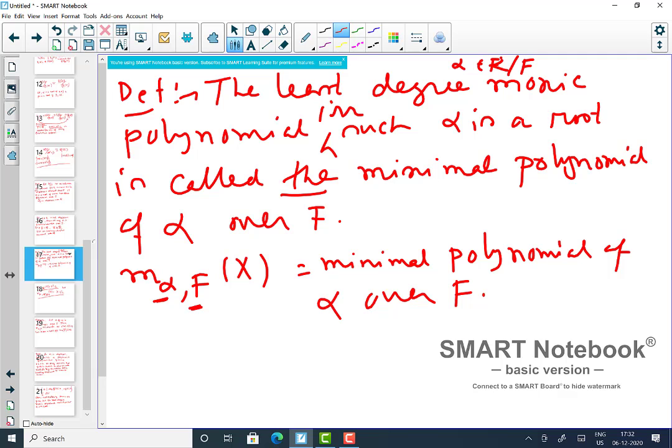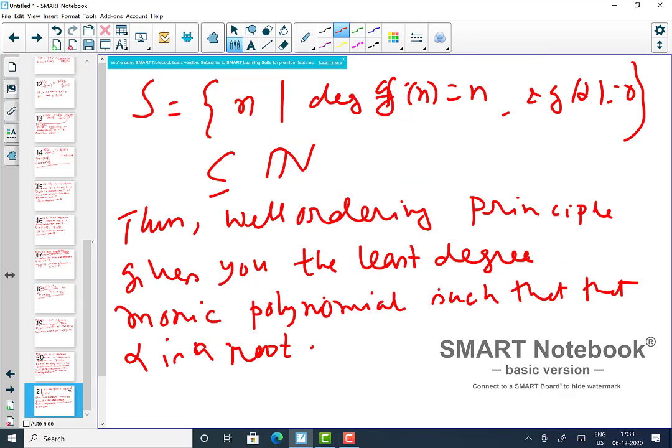That's what I'm thinking. So let's take the monic irreducible polynomial. After monic you need irreducible, right? That is important. It's called the minimal polynomial. So here I just showed that you have a least degree monic polynomial. Now I will show that this is irreducible.